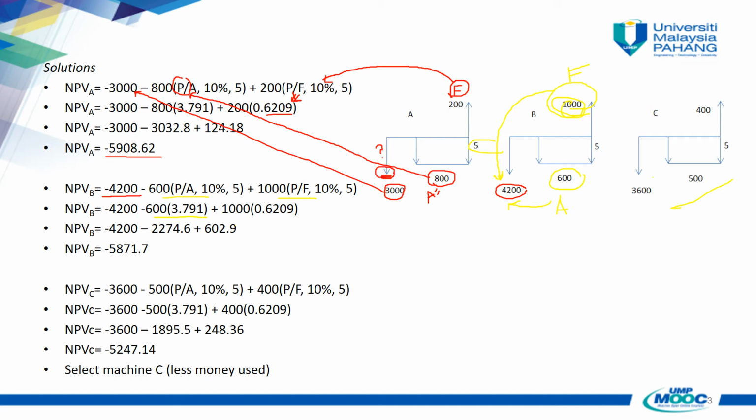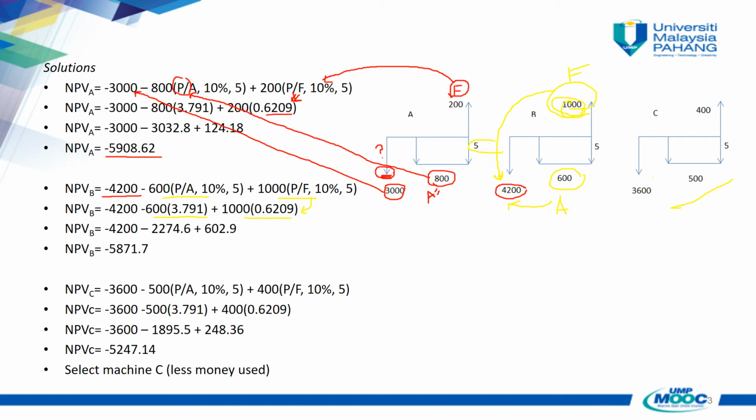This value comes from the column P over A at 10% interest rate of the compound interest table at the 5th year. And then plus the 1000 multiplied by 0.6209. This comes from your P over F, finding P when you know the F, at the compound interest table of 10% at the 5th year.